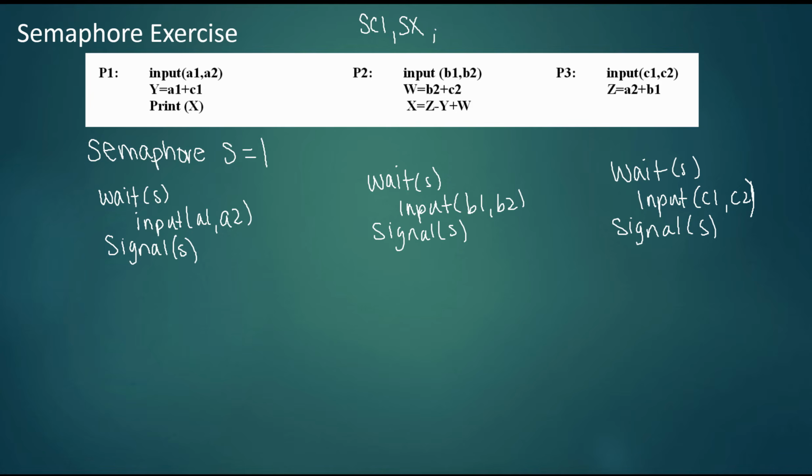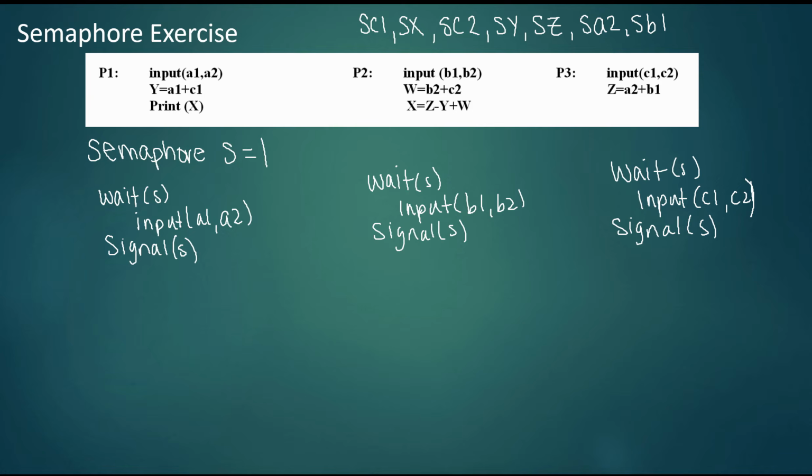I'm just counting how many we need. And P2 is going to need one for C2, so I'm going to call that SC2. It's also going to need one for Y, SY, and one for Z, SZ. And I think that's it. And then P3 is going to need one for A2 and B1.